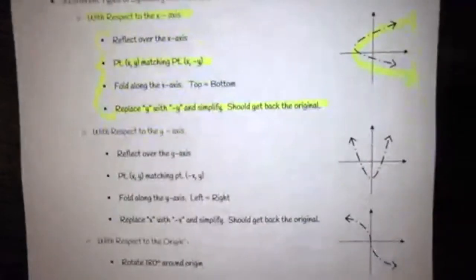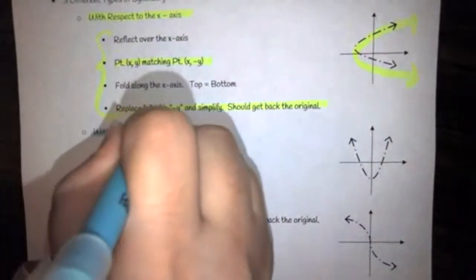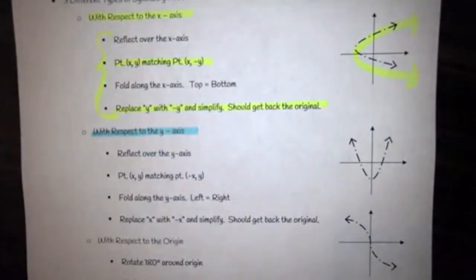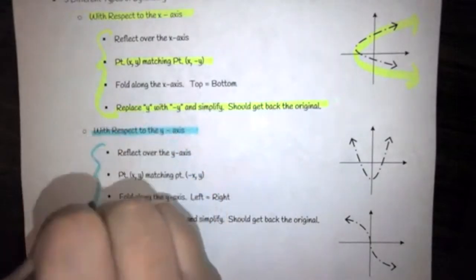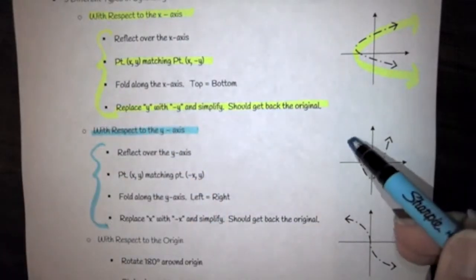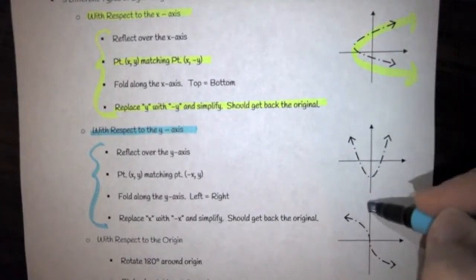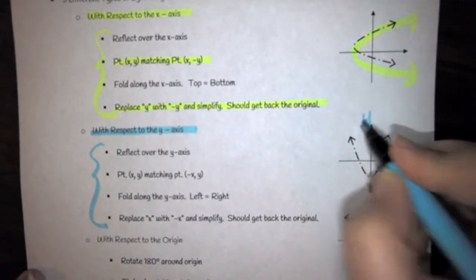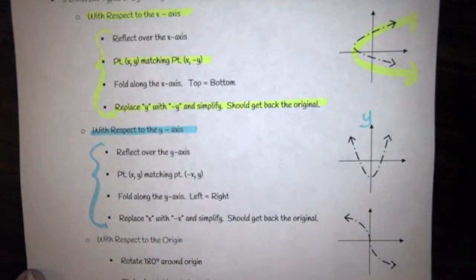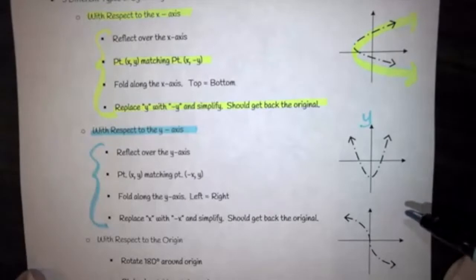Now the next type of symmetry we have is called symmetry with respect to the y-axis. So that is going to be these four pieces of information. Again, if you look at your graph and you were to fold it right here along your y-axis, because that's what this is, the y, notice the stuff that's on the left is the same as the stuff that's on the right.